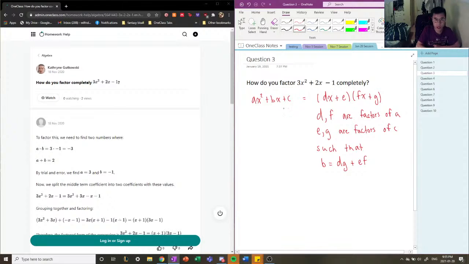So we're going to need to find a pair of factors of a and a pair of factors of c such that this condition holds.